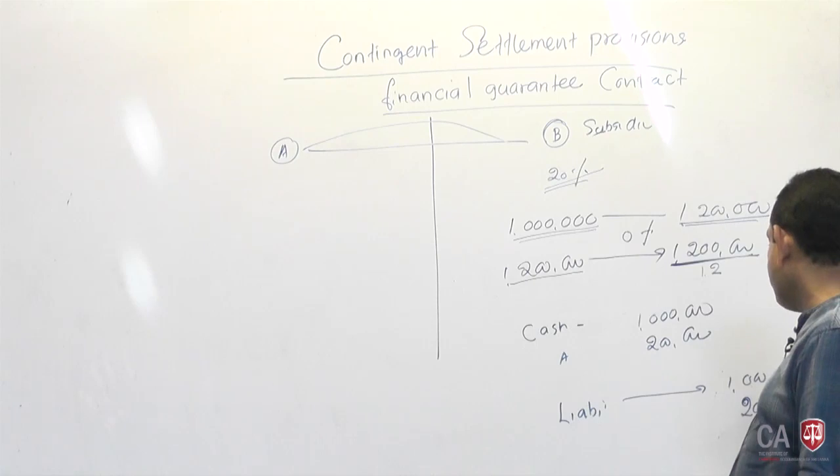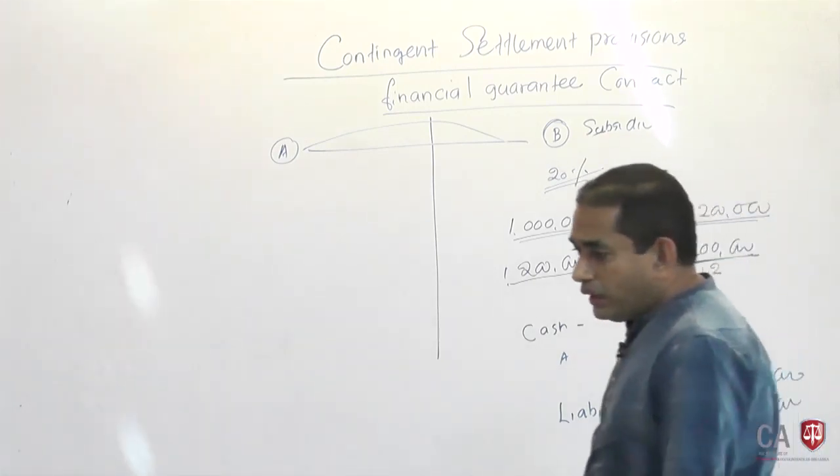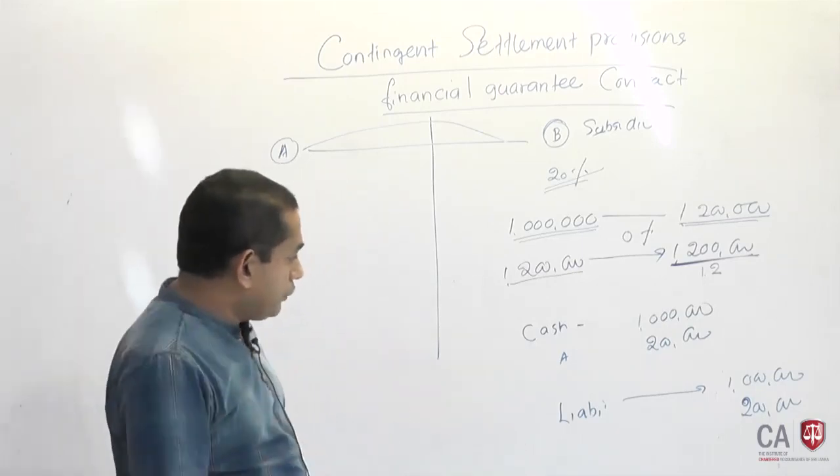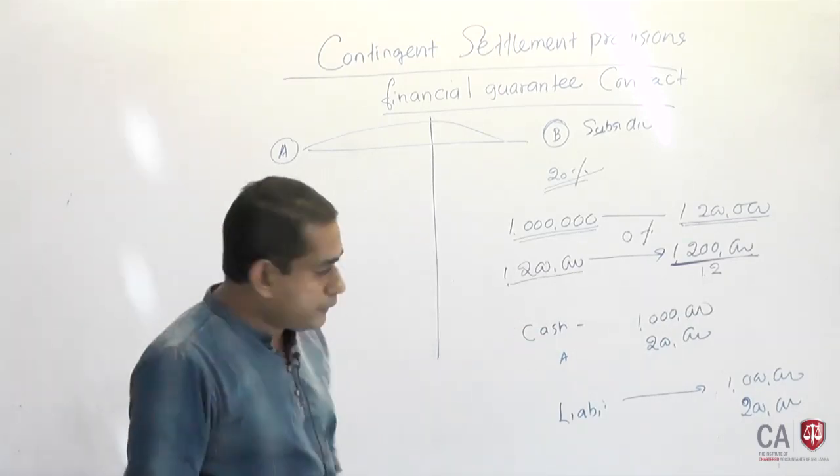Should be credited to equity account. That is how you need to transform that. That is how you should interpret that.